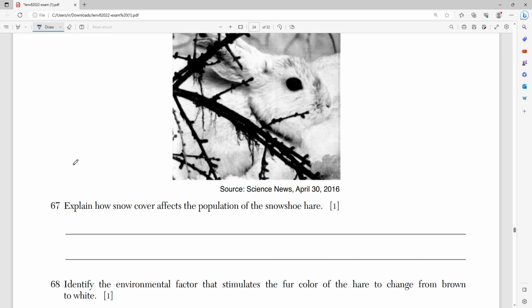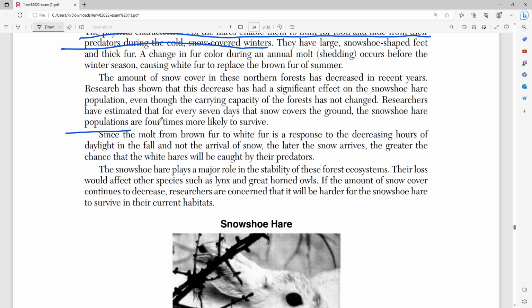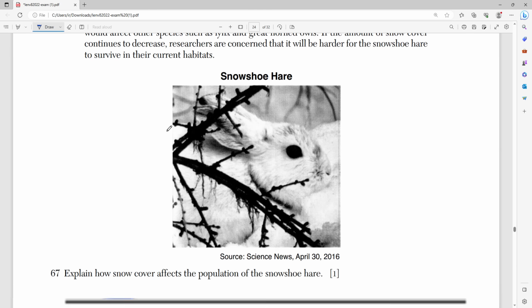So explain how snow cover affects the populations of the snowshoe hares, right? So didn't we just read that researchers have estimated that for every 7 days snow covers the ground, snowshoe hare populations are 4 times more likely to survive, right?